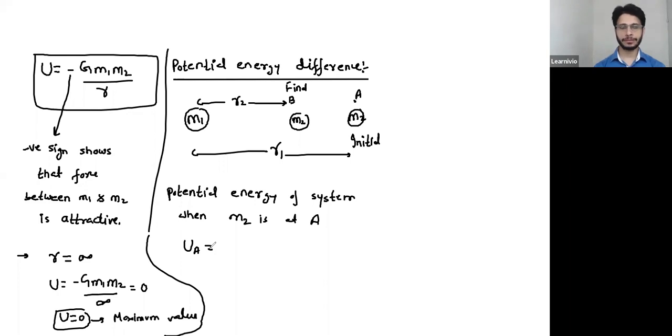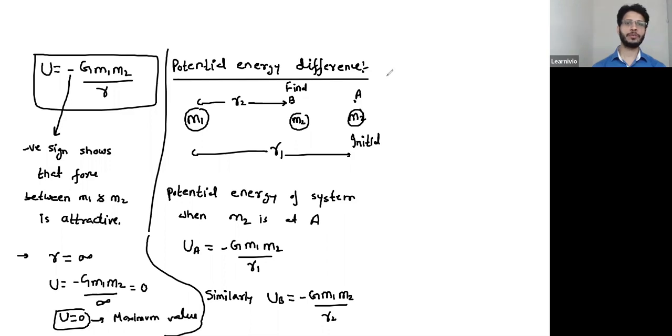Both are point masses. Minus G M1 M2 by R1. Very good. Similarly, you can write UB. Yes, Noor, how much is UB? So minus G M1 M2 by R2.